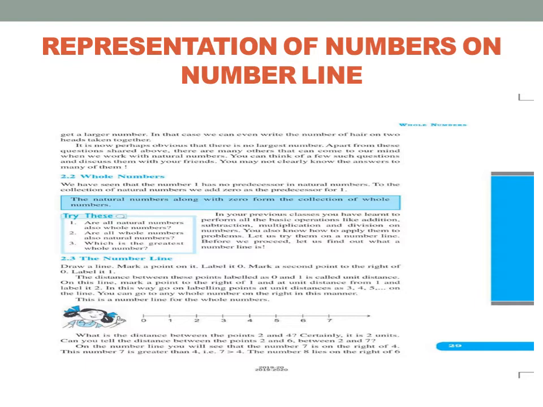So when you are moving to the right, the numbers keep increasing. What is the distance between the 2 points 2 and 4? Certainly it is 2. From 2 to 3 is 1, and 3 to 4 is again 1 more unit. So 1 unit plus 1 unit gives you 2 units. Understood, children?